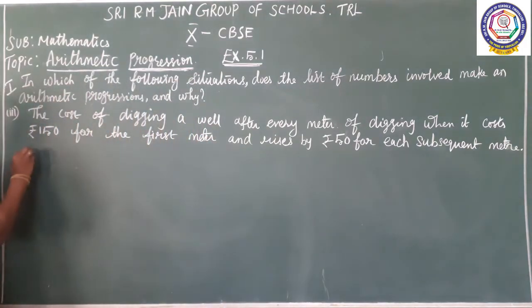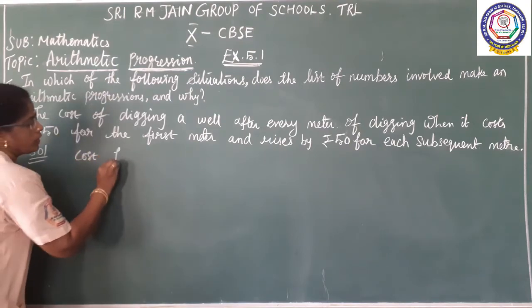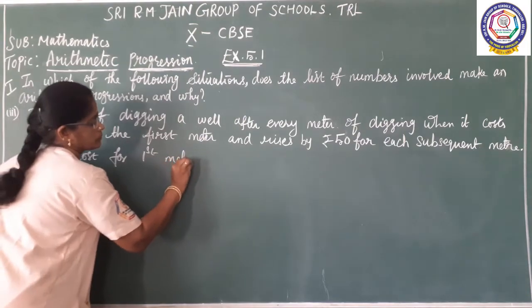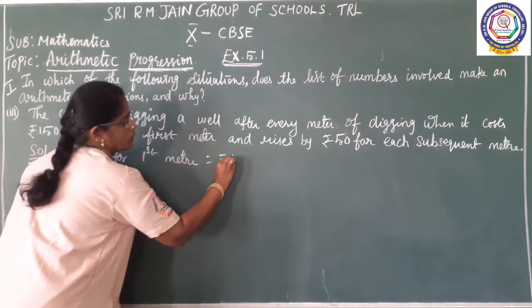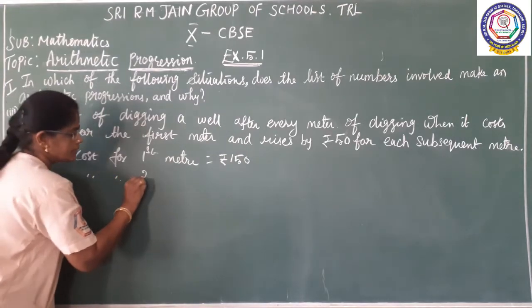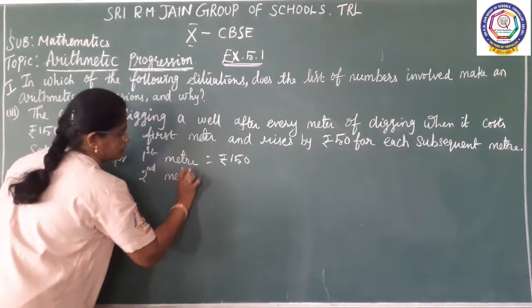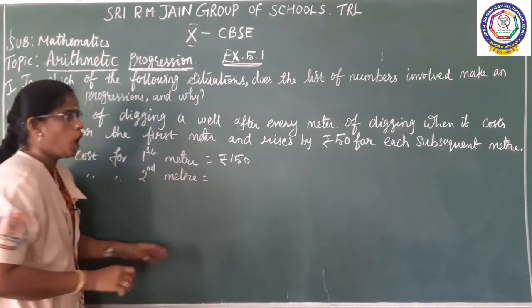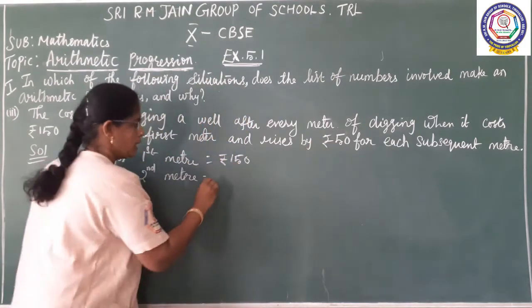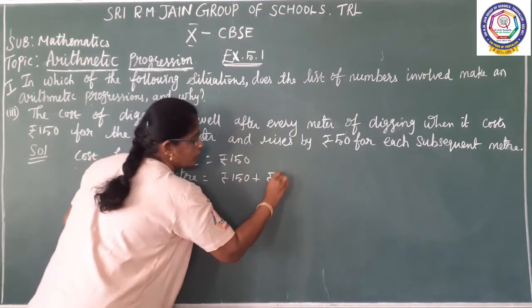So how can you write the statement? Cost for first meter, rupees 150. Then cost for second meter, how many rupees are they raising? Rupees 50. So rupees 150 plus rupees 50.